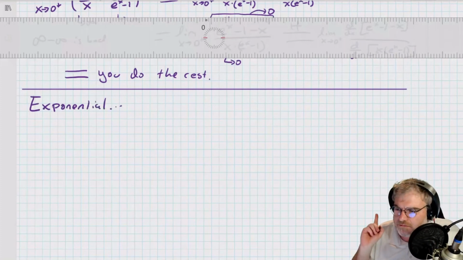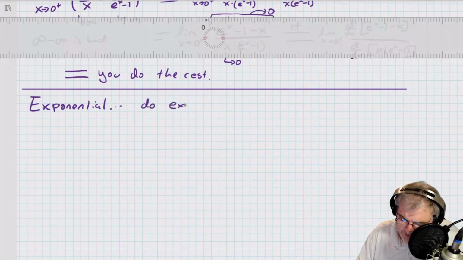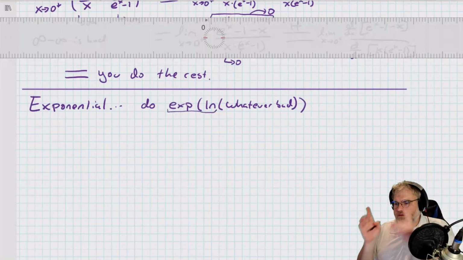Okay. Now, use the exp notation. Exp of ln of whatever is bad, with a power. So recall the exp and natural log, right?